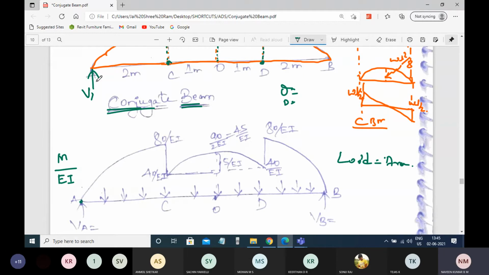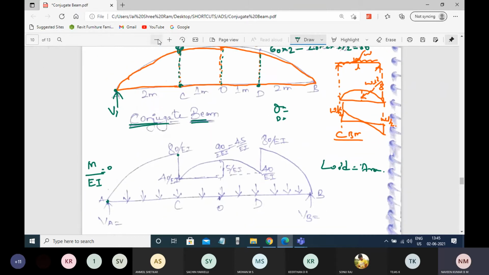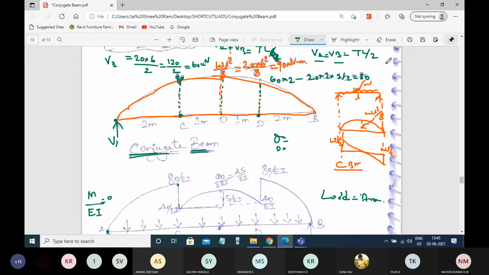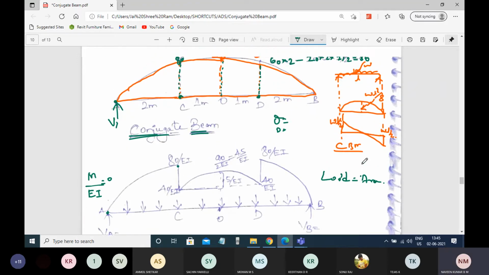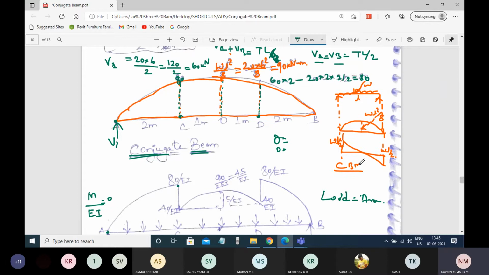So at point A the moment is 0, so M by EI is again 0. Next go to point C. The moment at point C is 80, so 80 divided by EI. Here EI for the AC span is EI only, so you can retain that.